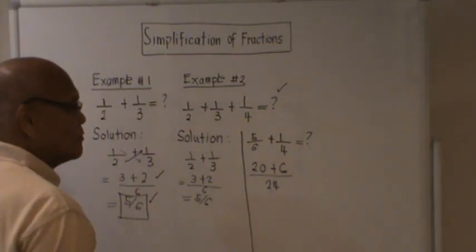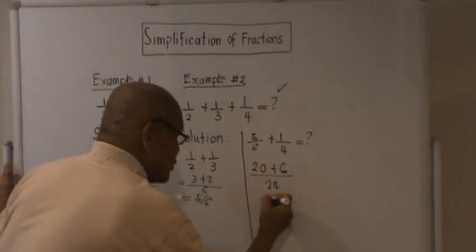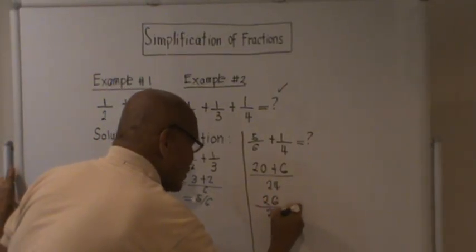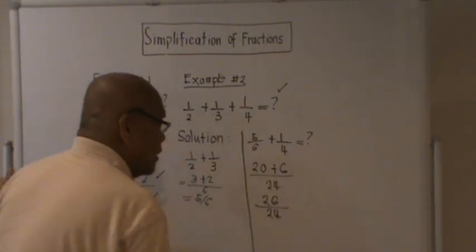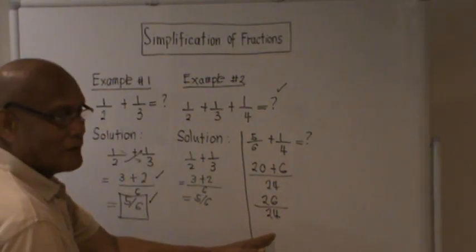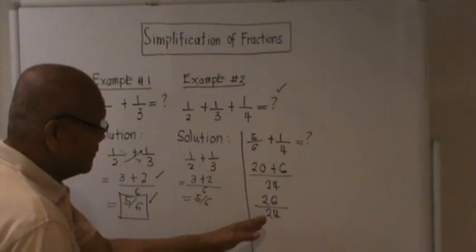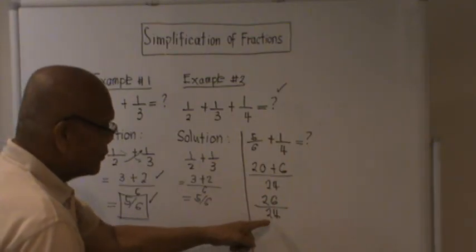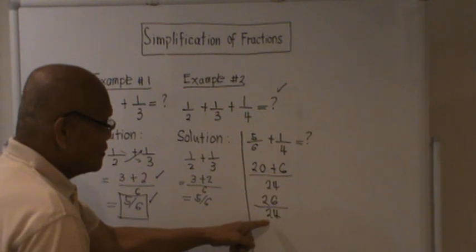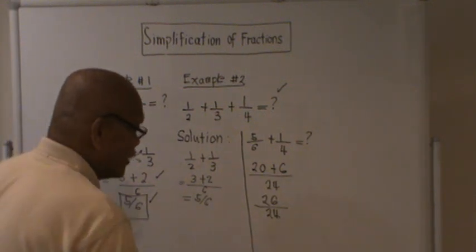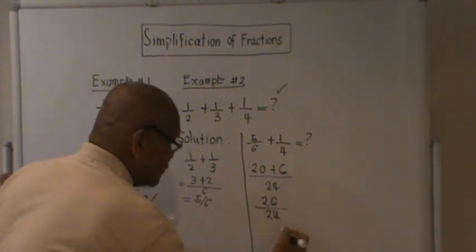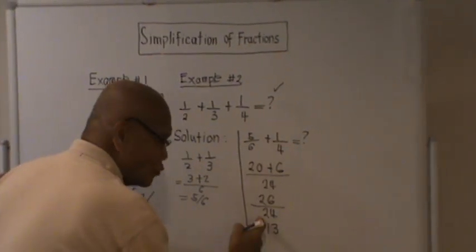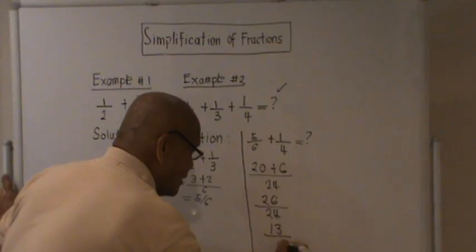And if we try to simplify this one, this will be 26 over 24. Okay, that will be the final answer now, but 26 is still divisible by 2. 24 is still divisible by 2. So we could reduce this one. 26 divided by 2 will be 13. Right? And 24 over 2 will be 12.